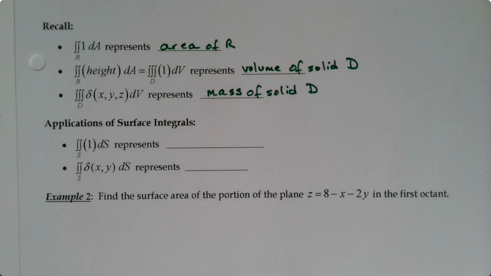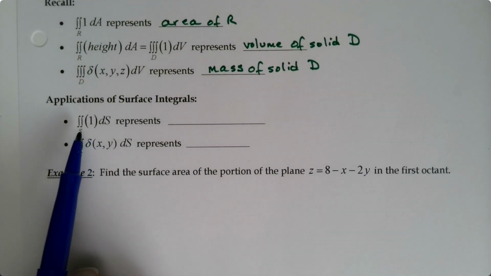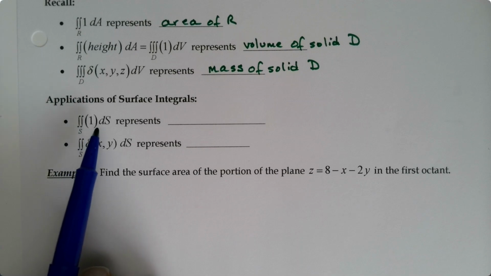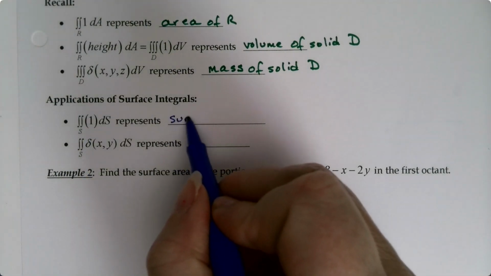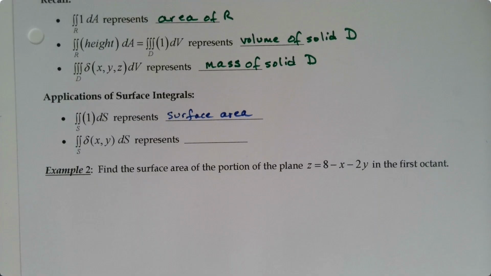All right, so when we do surface integrals, what are we finding? Well, the surface integral of 1 represents the surface area, right? The area of the surface, not the area of the region.